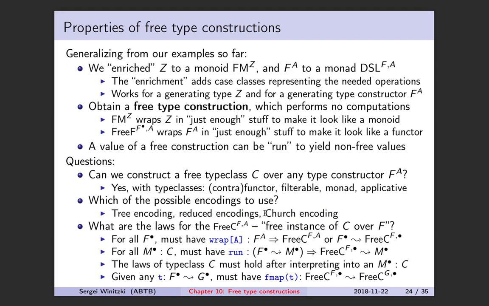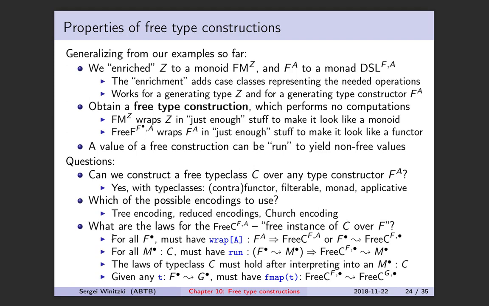And if you're interested, look up Church encoding, and you would immediately see other related encodings, such as Scott encoding, Parigot encoding, and some other encodings. And another set of questions related to each other are about the laws. So what are the properties of this free instance? Can we define the free instance by its properties formulated in some way?